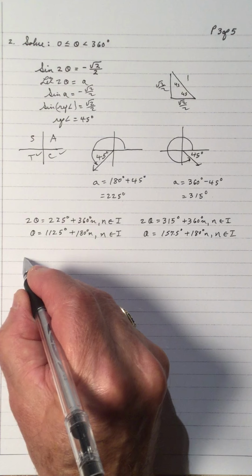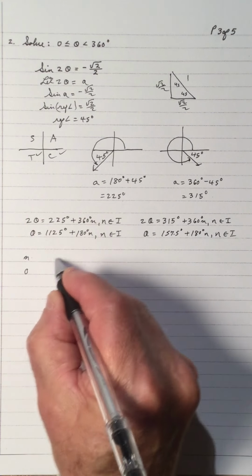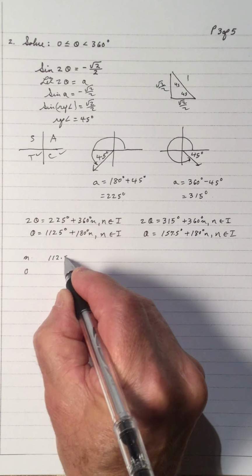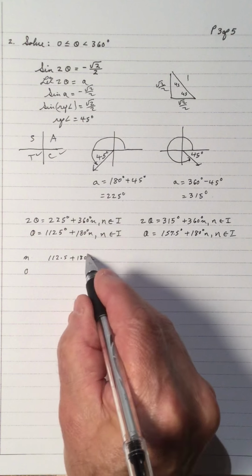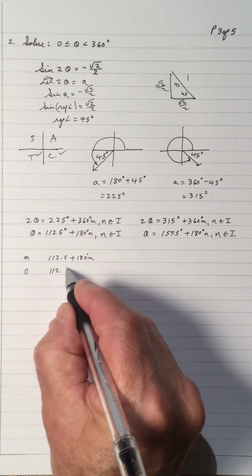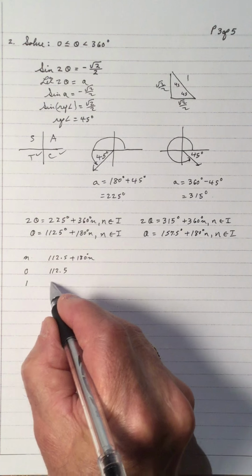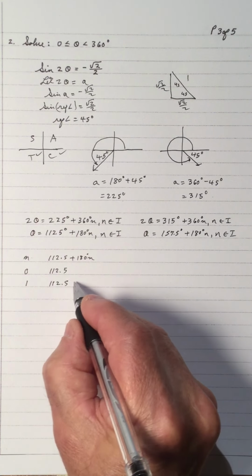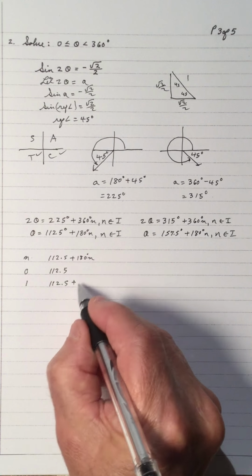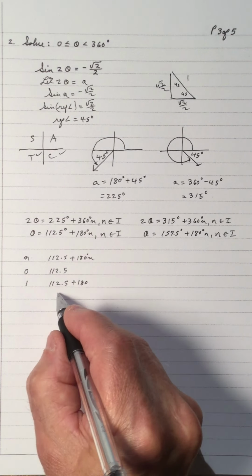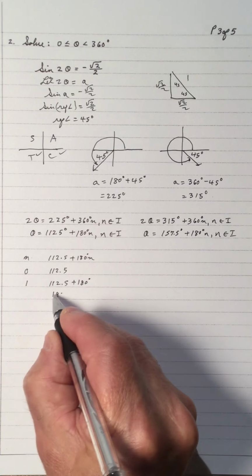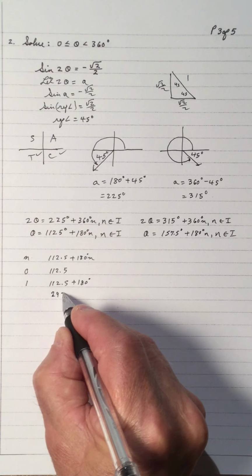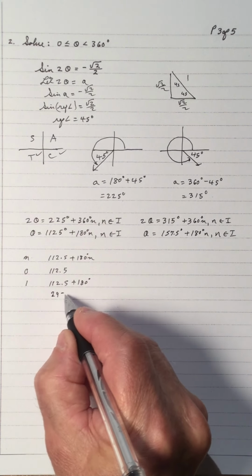Now we make n equal to 0, and we do 112.5 plus 180n. Put 0 in, you get 112.5 degrees. You put 1 in, you get 112.5 plus 180, which makes it 292.5.